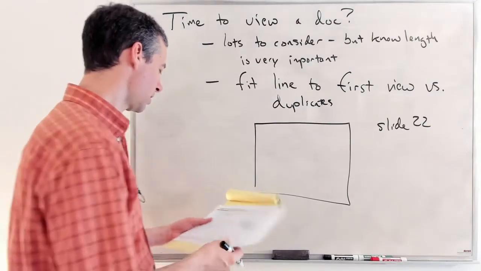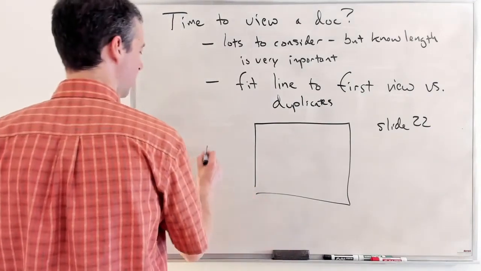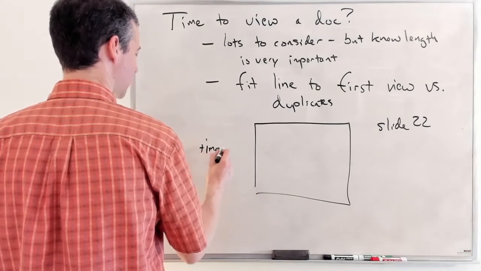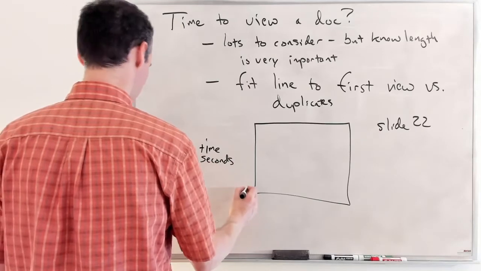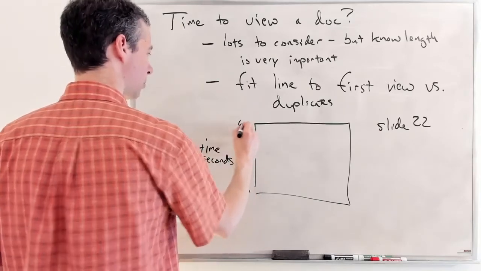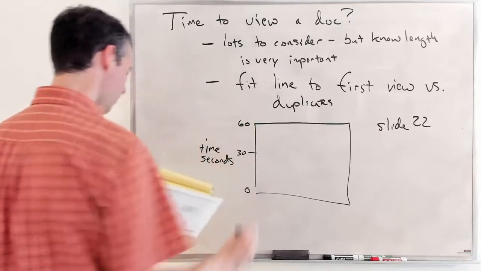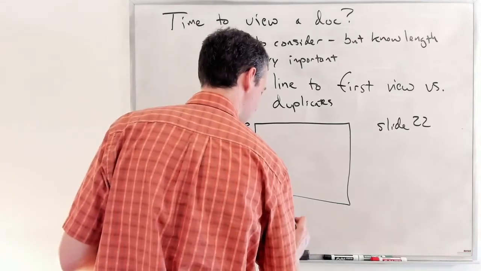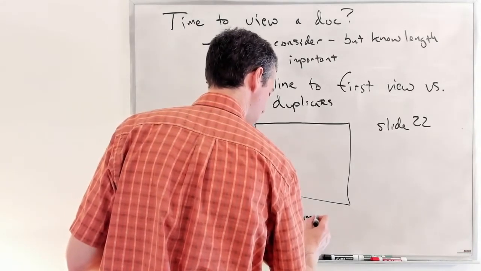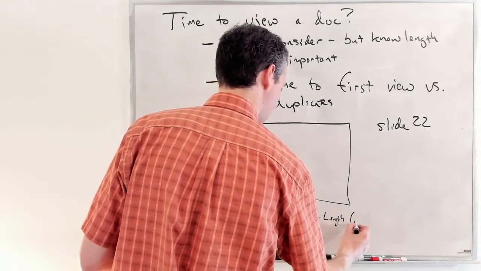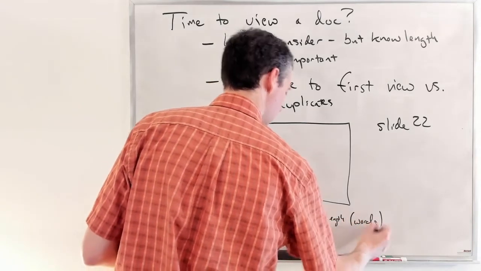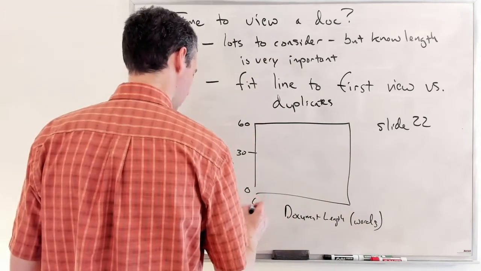And what you see here is a y-axis of time in seconds, and we go from 0 up to a minute. And we measure document length. We've run our tokenizer over it, and we have our words. We've broken it up, and we can look at documents.